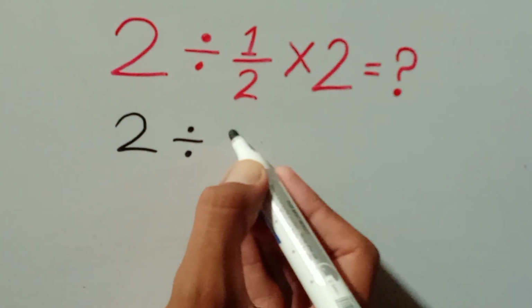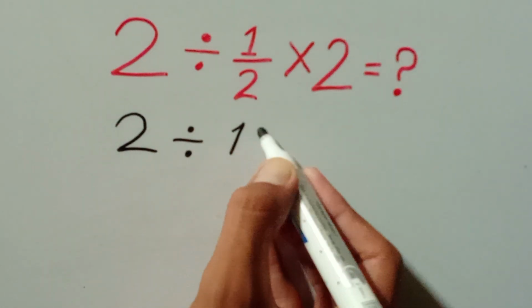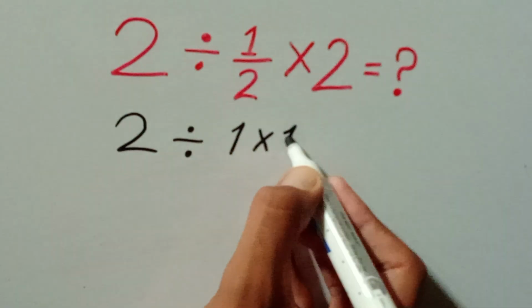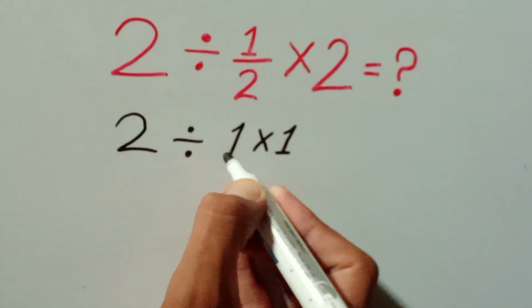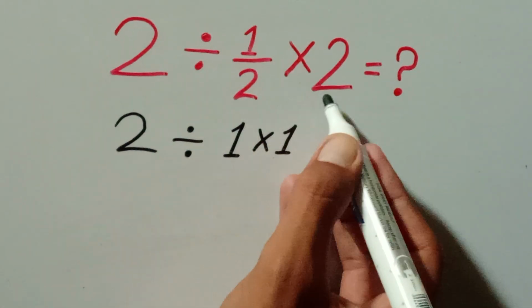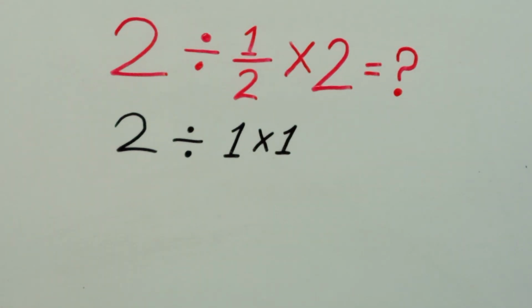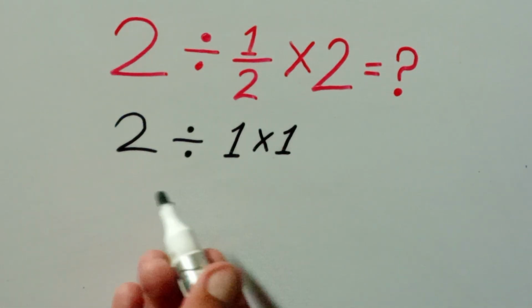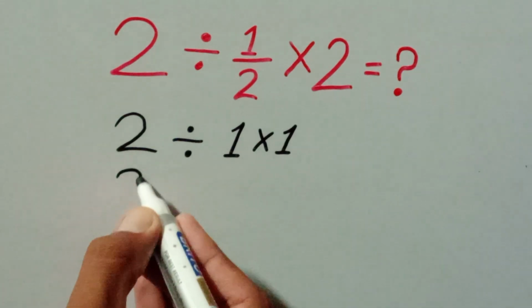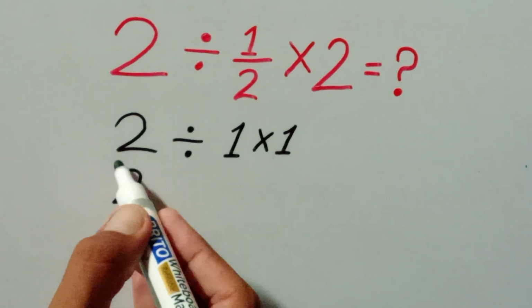When you cancel 2 and 2, the result is 2 divided by 1 multiplied by 1. Now they solve it again and the final answer is 2.